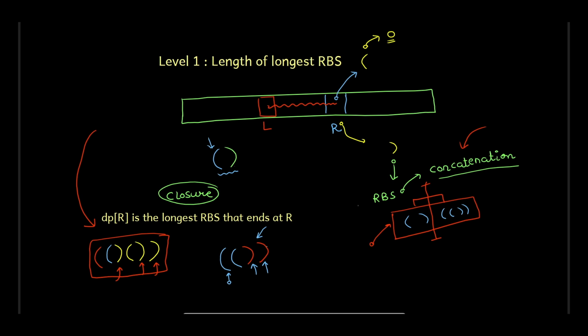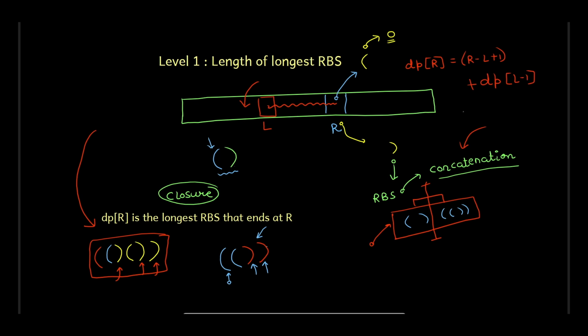Then since RBS are just concatenations, you can say that DP of R is equal to R minus L plus 1. Basically, this last string is a valid parenthesis, plus you want to apply that same DP over here. You want to extend this substring as far as possible, plus DP of L minus 1.